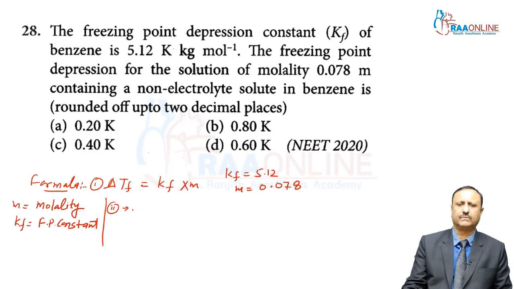So my dear students, when you put the values, you can get delta Tf: 5.12 multiplied by 0.078, and you get the answer, that is 0.40. This is your answer for this question. Question number 28, answer is C.